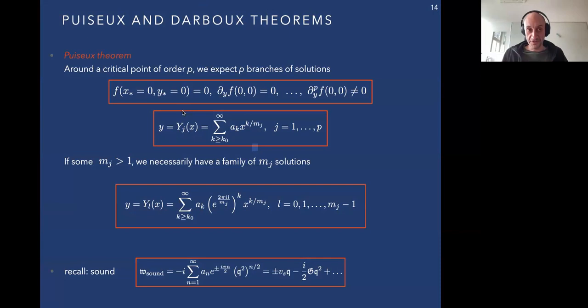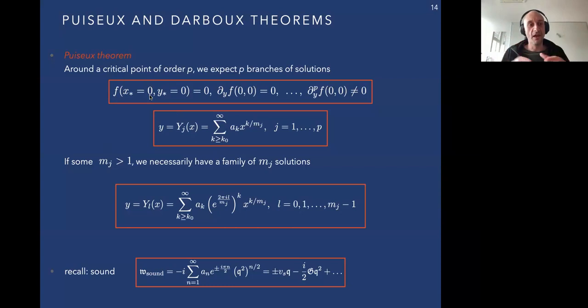So what is the Puiseux theorem? Imagine you have a critical point. All right. Around the critical point of order p, which I defined earlier, and this is again the same definition, I have some function of x and y, and this function, let's say at 0, 0, because for concreteness I'll be looking at hydro modes.